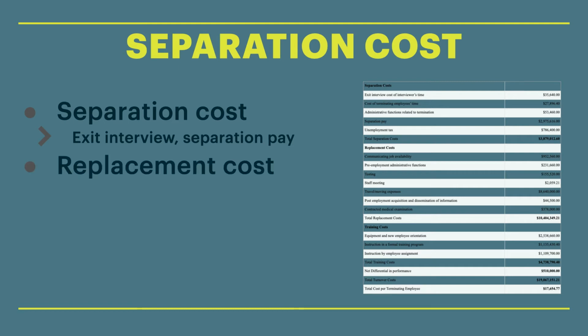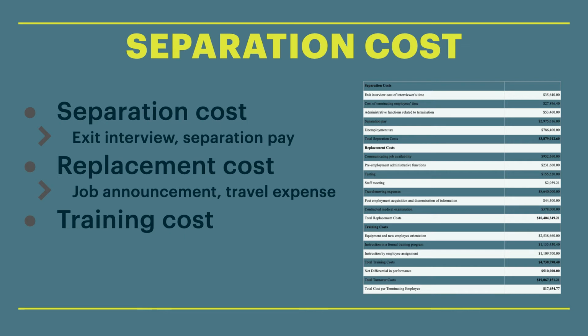You will add that to the replacement costs, which is the cost to replace your employee: the job announcement, travel expense, testing, staff meetings. And finally, we'll add to that the cost of training your new hire. That would be through formal orientation and on-the-job training.